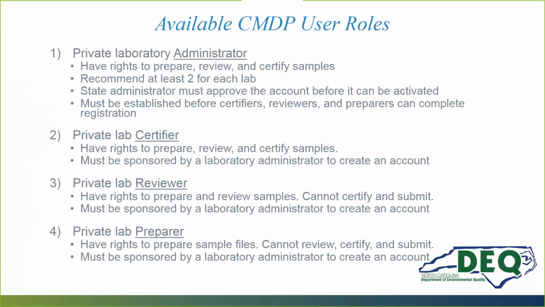The private laboratory certifiers, they can prepare, review, and certify samples, and the reviewer can only prepare and review, and the preparer can only prepare the samples. So the preparer can actually only upload the samples into CMDP and then turn them over to someone else to go through the next steps.